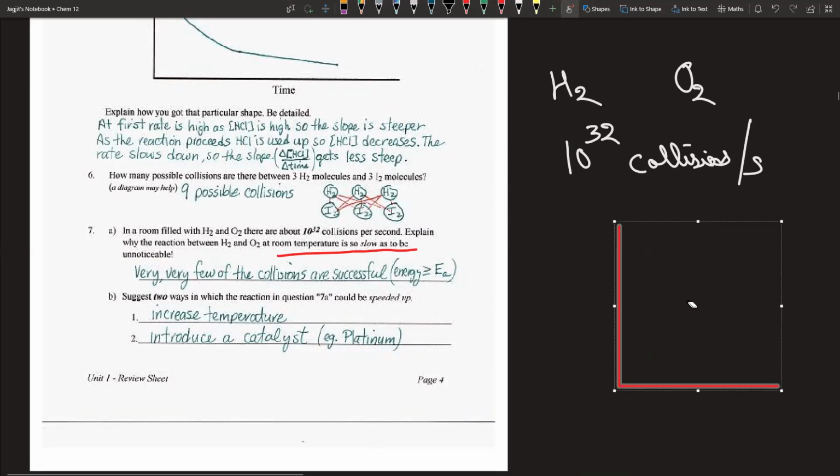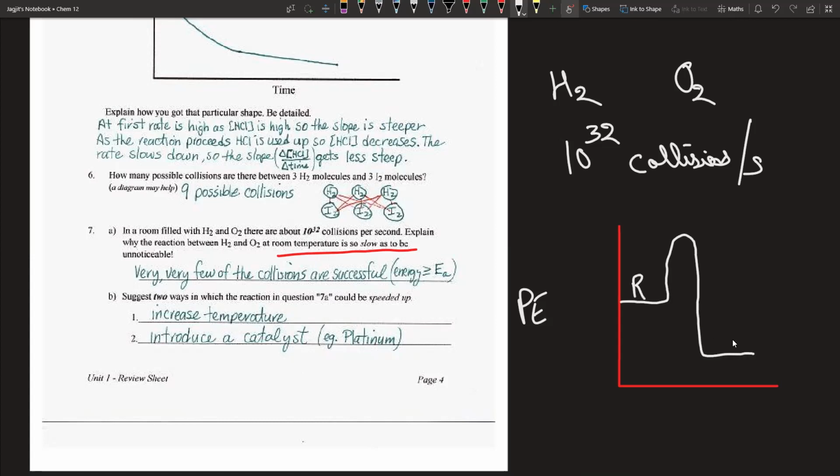If your reaction needs to be successful, I'm going to draw this, called your potential energy graph. What's going to happen is, usually you have these reactants, and they need to cross this barrier to turn into products. These are your reactants, these are your products.